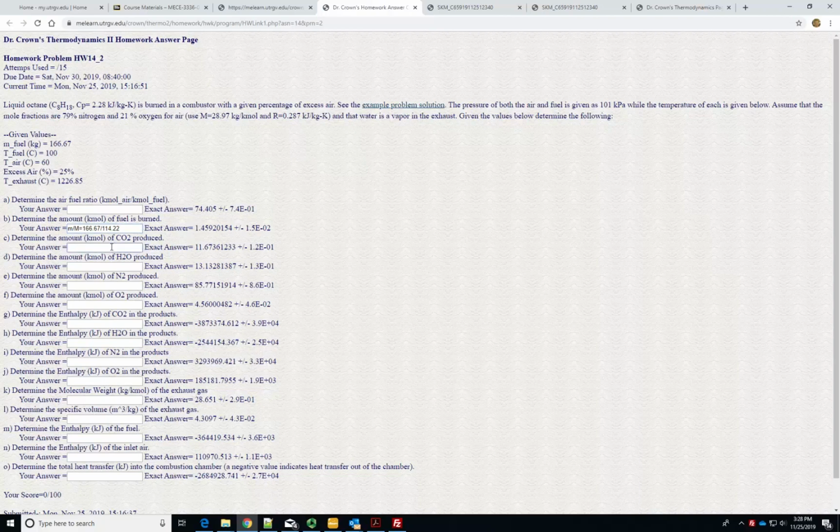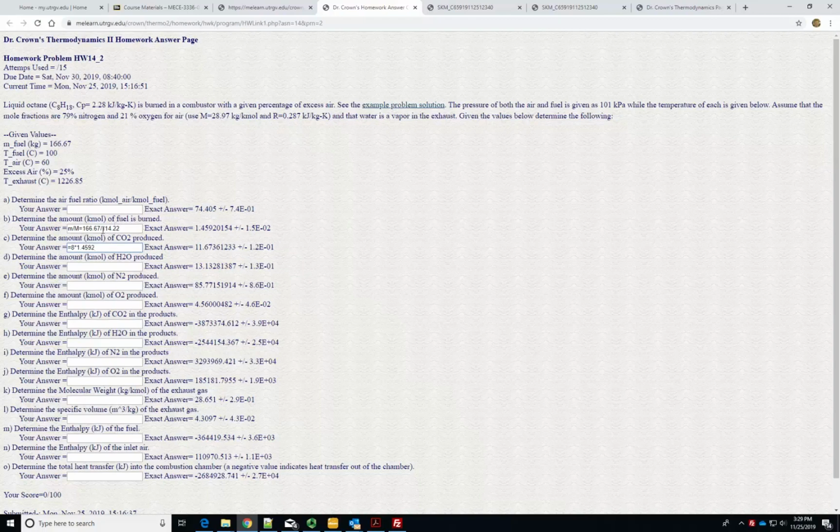Then the amount of CO2 produced, we found from our balanced equation that that's 8 kilomoles per mole of fuel. So this would equal 8 times 1.4592, which will give us 11.67.